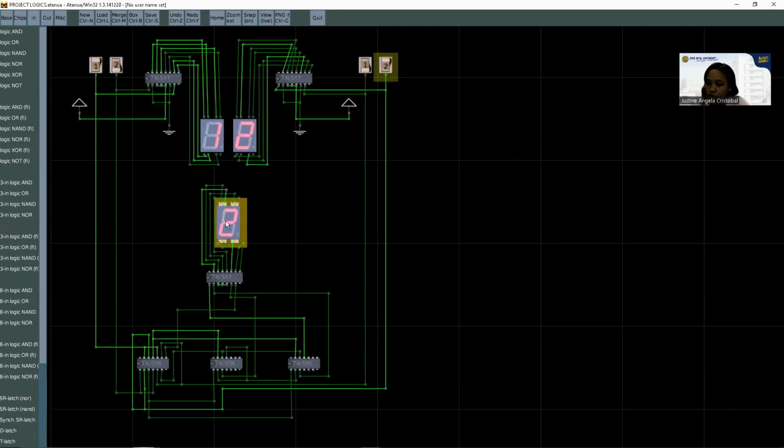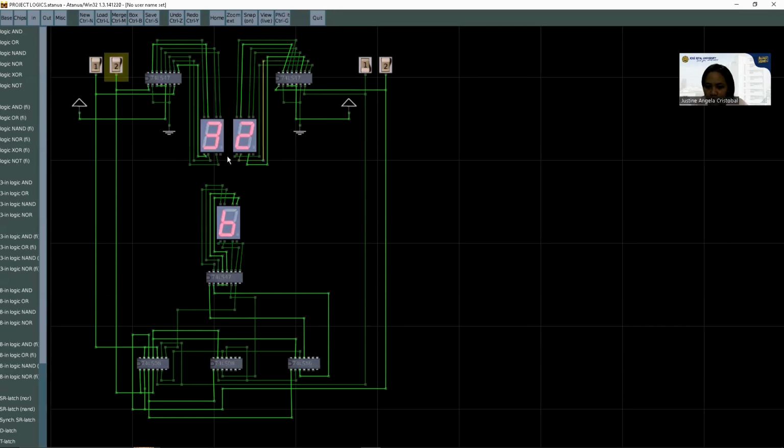The output is 2 because this is a multiplier, so 1 times 2 equals 2. Let's say this one is 3 and the other is 2. Then the output is 6. Since this is binary, we only have 2 switches per seven segment for input.